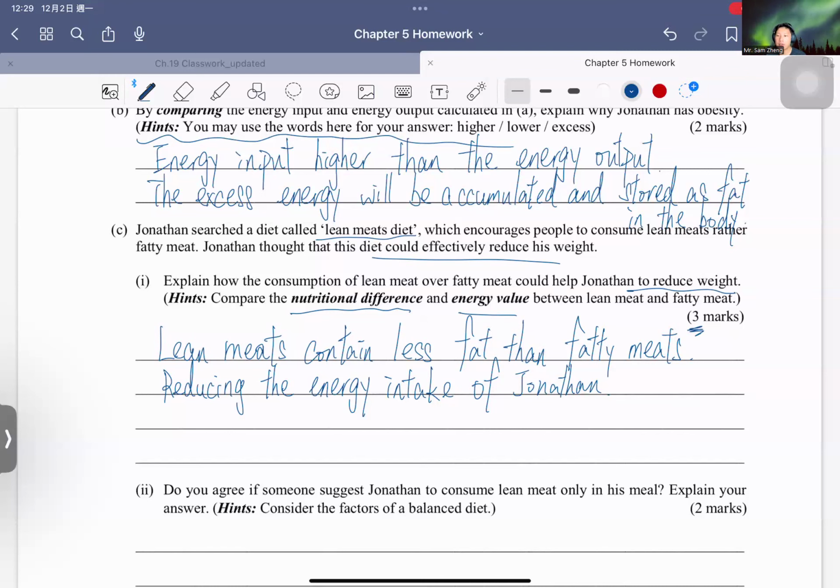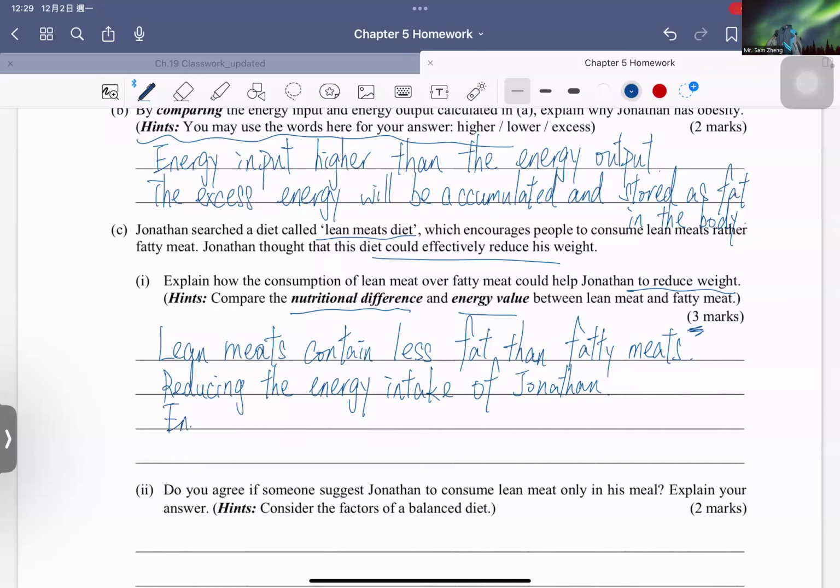This is because the energy expenditure in fact remains unchanged, but the intake is less than the energy expenditure. So in this case, as expenditure is higher than the energy intake, it will reduce the weight.